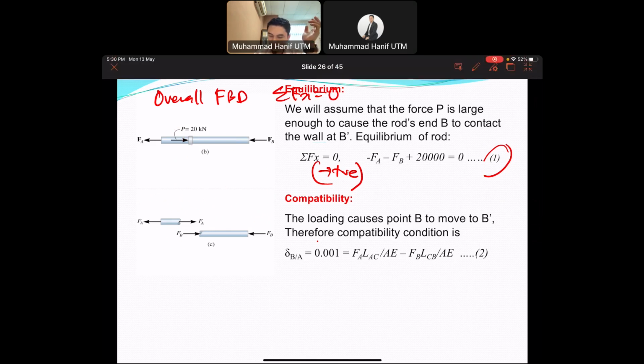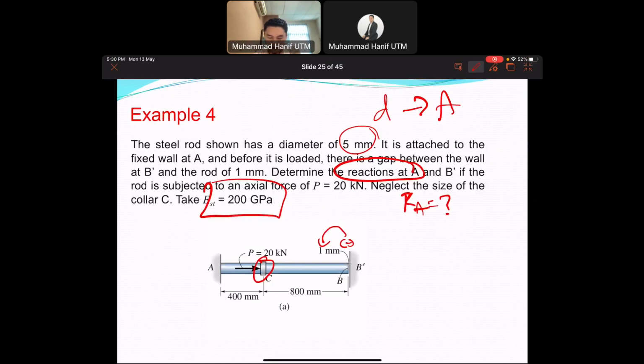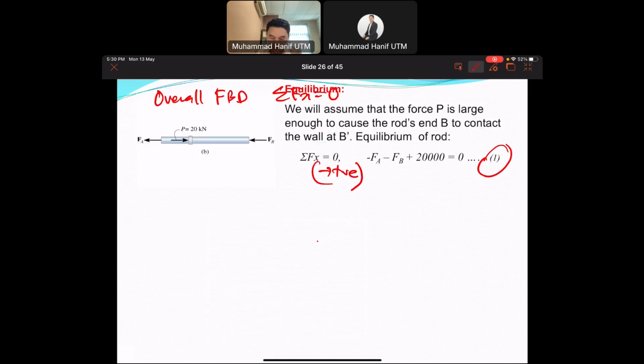Once you have this one, you will develop the second equation. Bear in mind that we have a value of displacement, which is already mentioned in the question, 1 millimeter. So you have to use 1 millimeter instead of 0 as in the previous example. You cannot put 0 here.